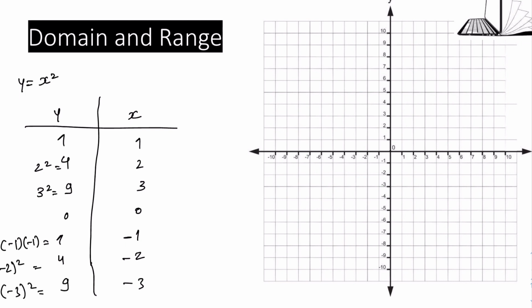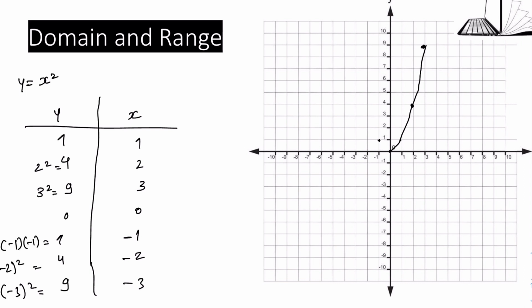So let's draw this function. It starts from the origin, 0, 0. Here we have 1, 1. And when the x value was 2, the y value was 4. When it was 3, the y value was 9. And this is how the function looks for the positive values of x. Let's look at the negative values of x. Minus 1, it was 1.